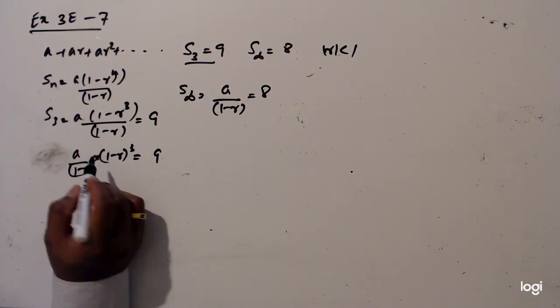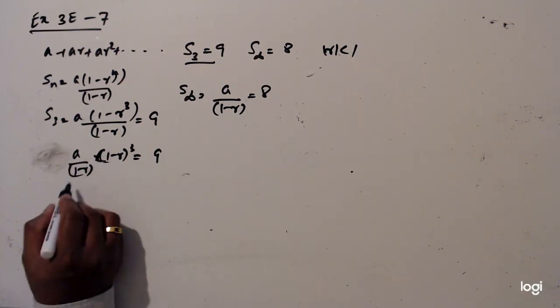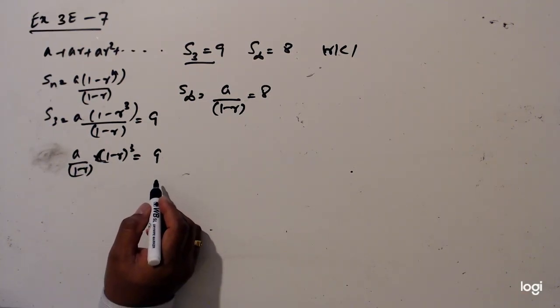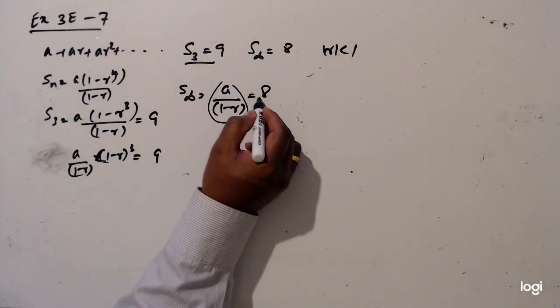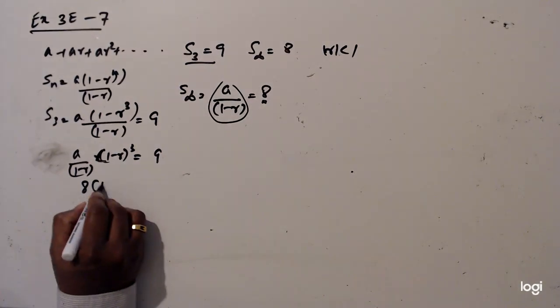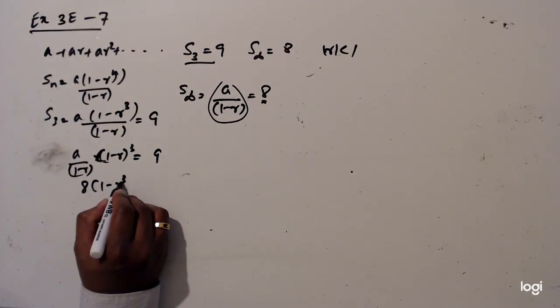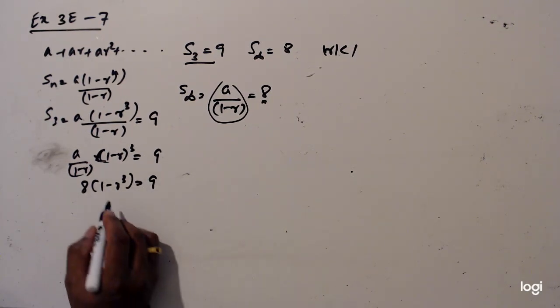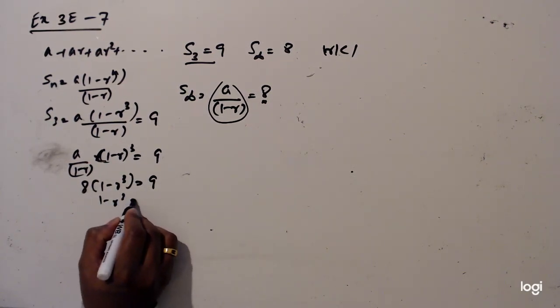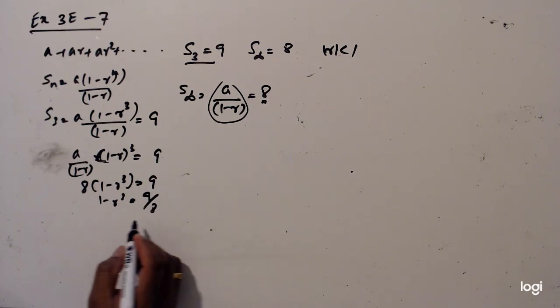I wrote a over 1 minus r separately, because I noticed that this value is 8. So 8 times 1 minus r cubed equals 9, so 1 minus r cubed equals 9 over 8.